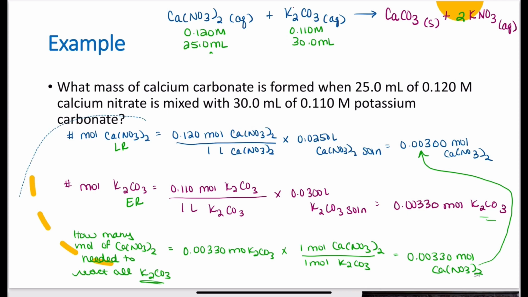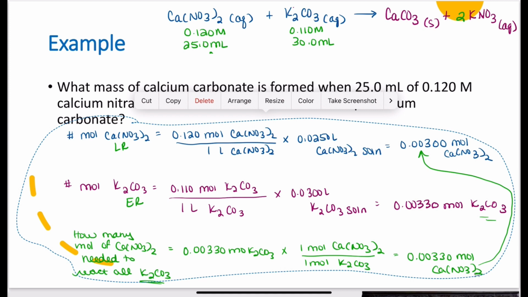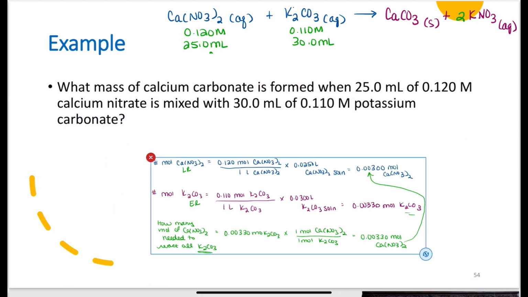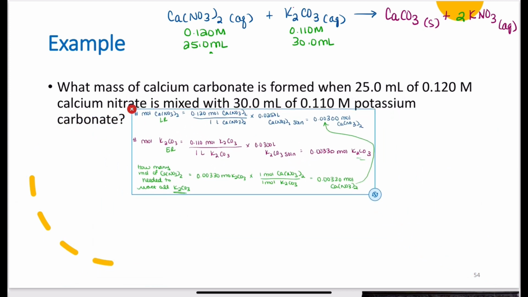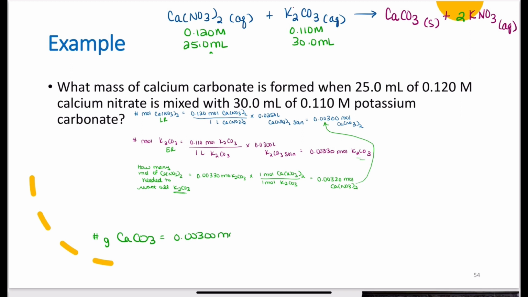Now I go back in and I shrink all of this so we can fit it on the slide. And I say now with my limiting reactant, number of grams I can make of calcium carbonate based on that limiting reactant. 0.00300 moles calcium nitrate.